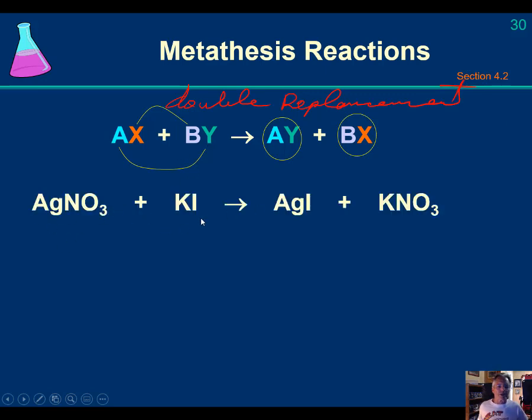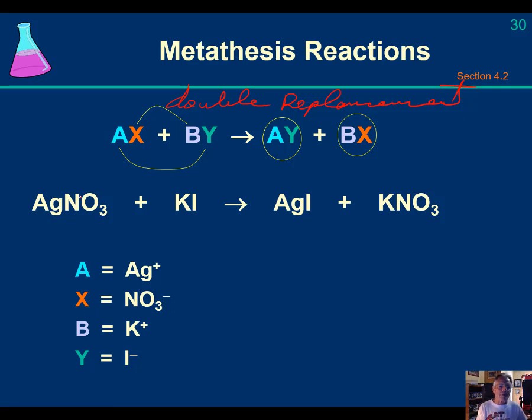All right, so here is a real precipitation reaction. And in this particular case, we're just making a comparison. A is silver plus one ion. X is the nitrate anion, so there's your X. And then B is potassium ion over here, and then Y is your iodide ion. These are all ionic compounds, each and every one.